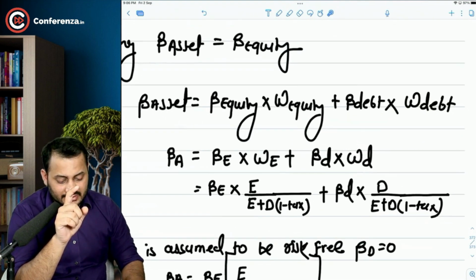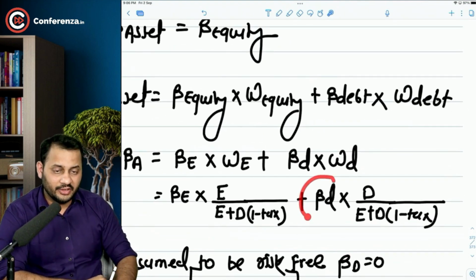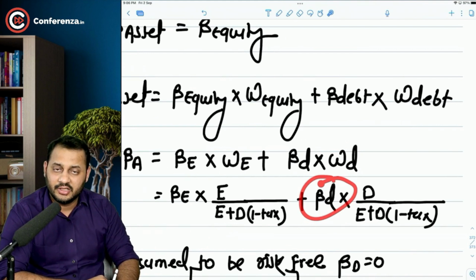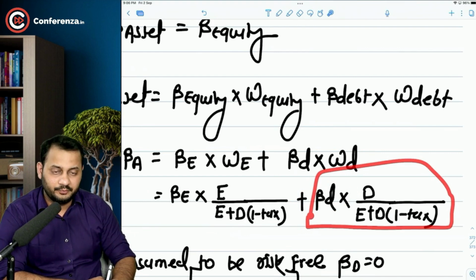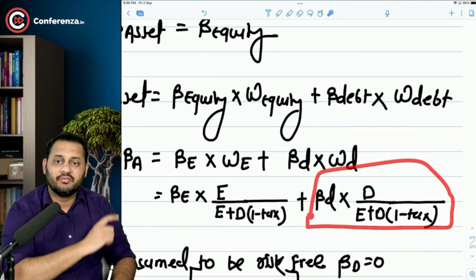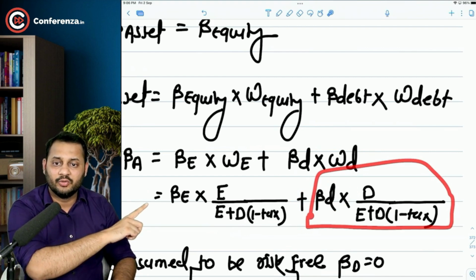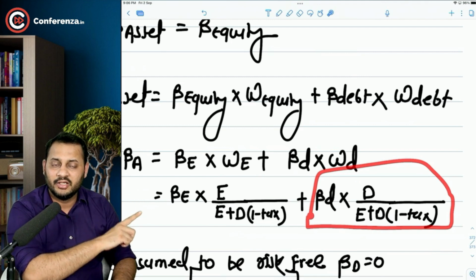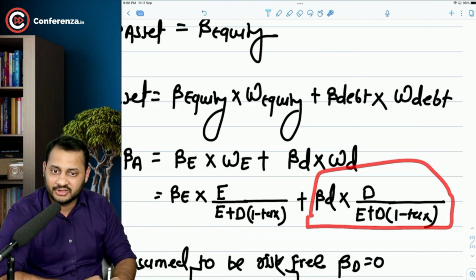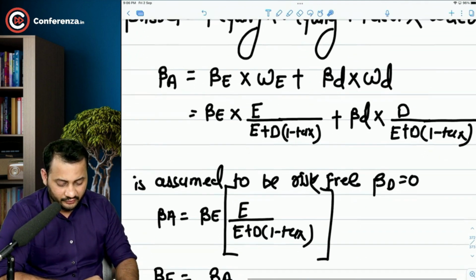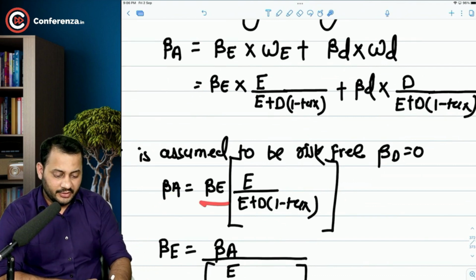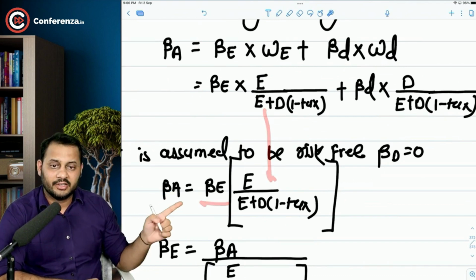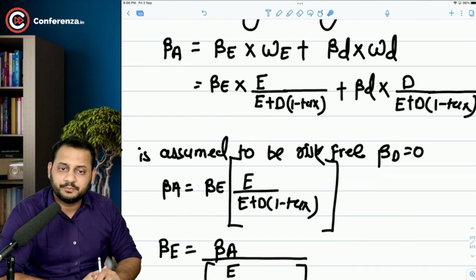And if we assume the debt beta as zero in this equation, this entire part will become zero. And the only equation left will be the asset beta is equal to equity beta into equity divided by E plus D (1 minus tax). Okay, so let's continue with that. Asset beta is equal to equity beta into E divided by E plus D (1 minus tax).